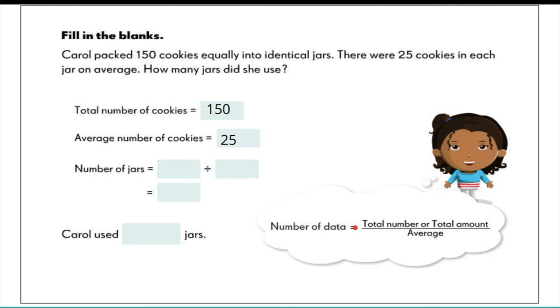Do you see the relationship of this formula with the previous formulas that we have studied so far? Yes, you just need to work backwards again. So the number of jars, which is 150 divided by 25, will give us 6. So, Carol used 6 jars in all.